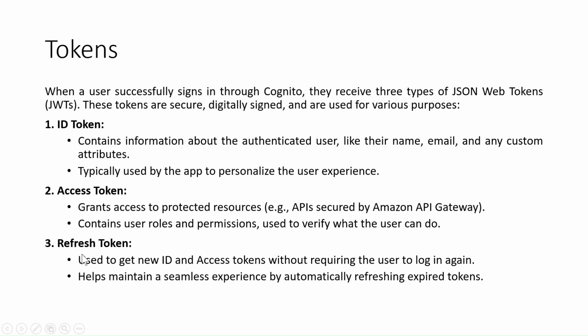And the third type of token is the refresh token. It is used to get new ID and access tokens without requiring the user to log in again and again. It will help maintain a seamless experience by automating the refreshing of expired tokens.